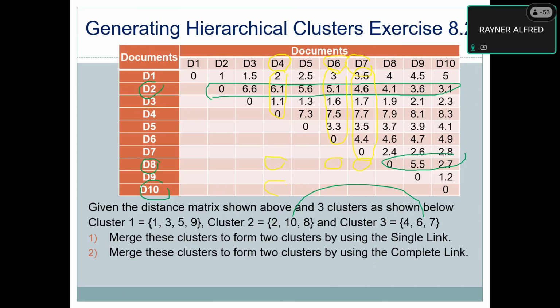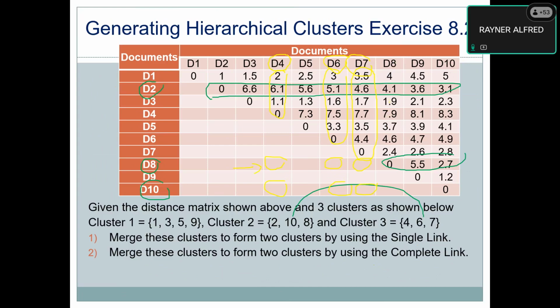And then similar to here. Okay. But this value can be obtained here, which is document 8 to document 4 and 6 and so on.